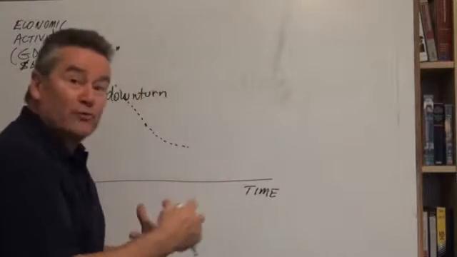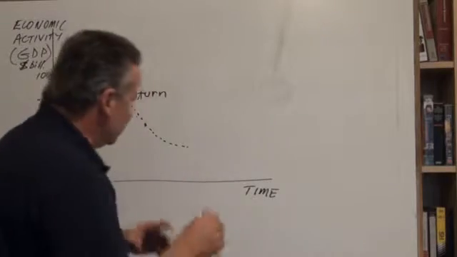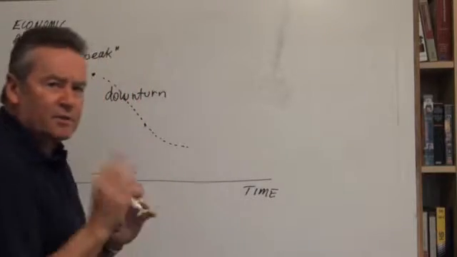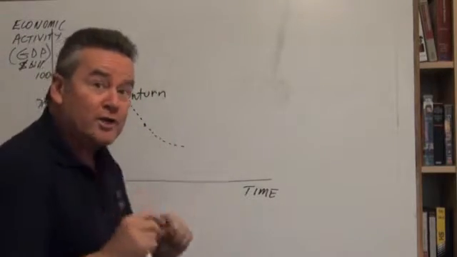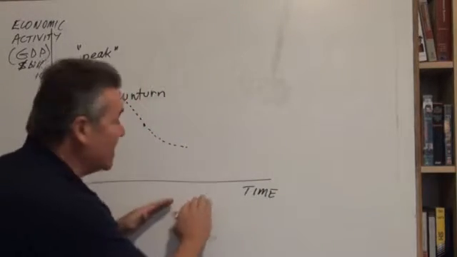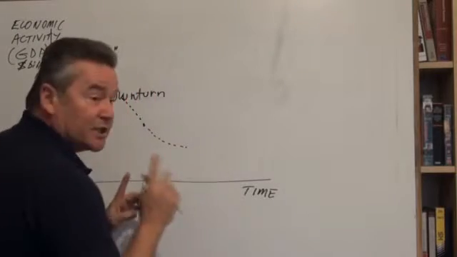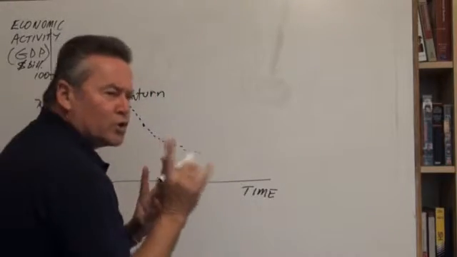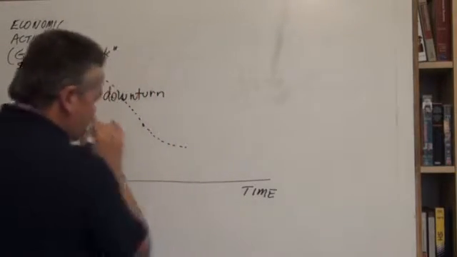Some journalists refer to this as a recession. Technically, a recession is when you have 2 consecutive quarters of negative economic activity, so you'd be below the line here for over 6 months, but we'll just call it a slump or a trough.